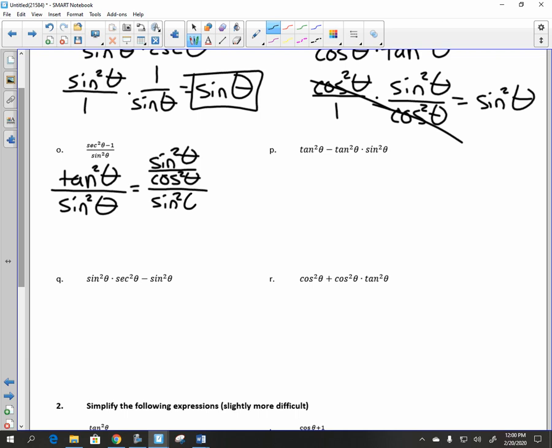Sine squared over 1. What do I do with that bad boy? Multiply by the reciprocal. What happens? Sine squareds are gone. What are you left with? What is 1 over cosine squared? Secant squared.